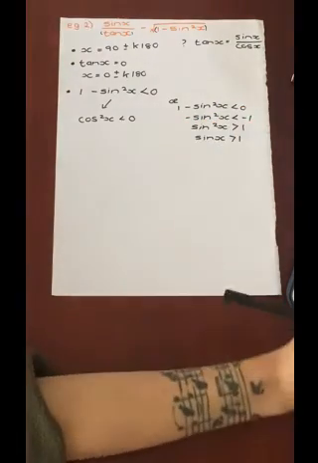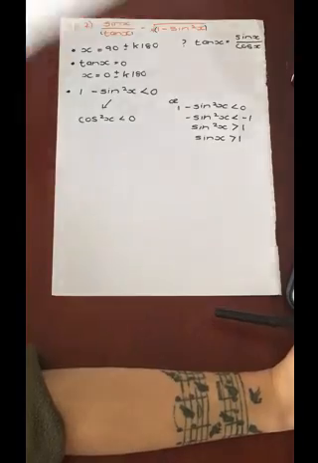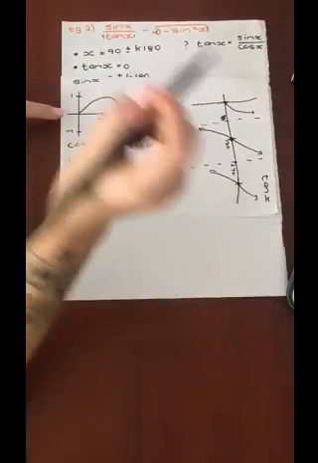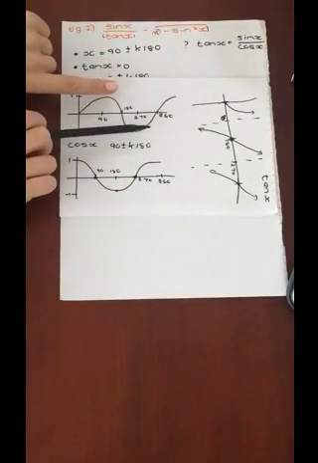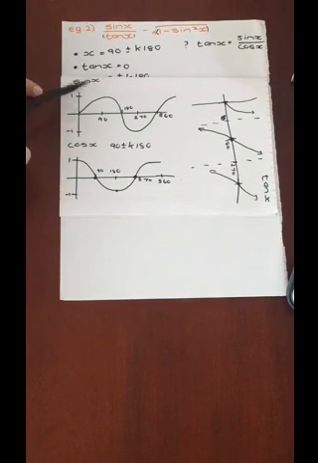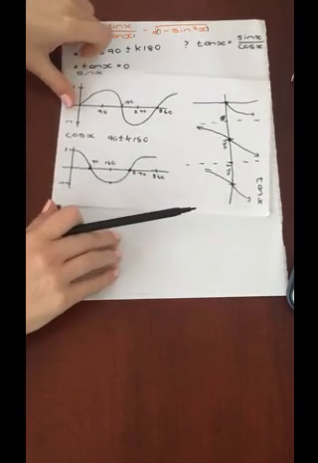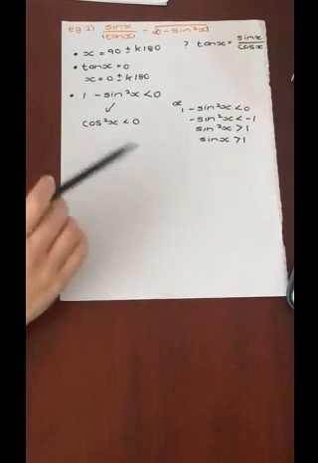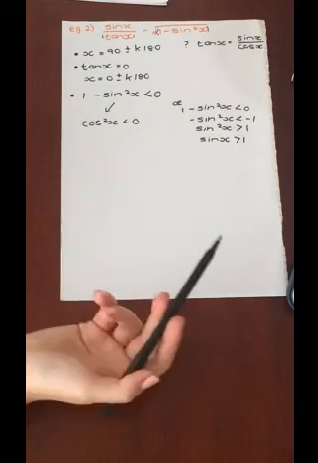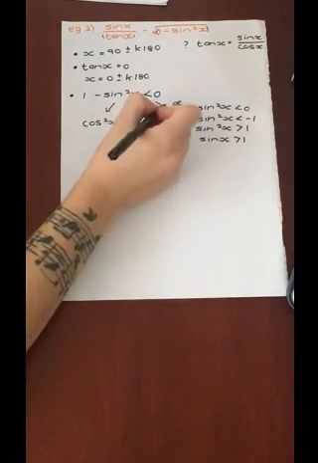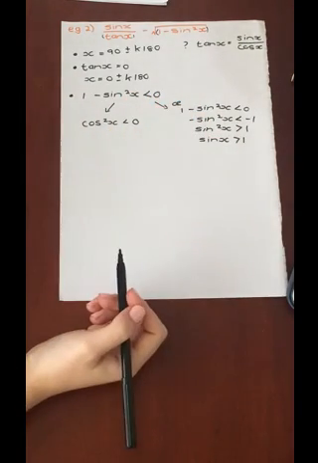Is sine x ever larger than 1 if you look at your graph? No. Remember I told you? It sticks between these two. Sine x will never be bigger than 1 or smaller than negative 1. Same thing over here. So basically you could go two ways with this, but it just makes sense like that.